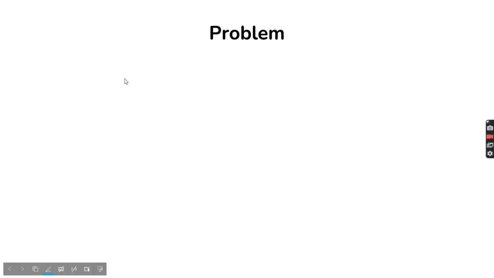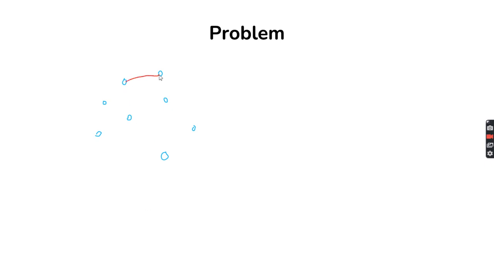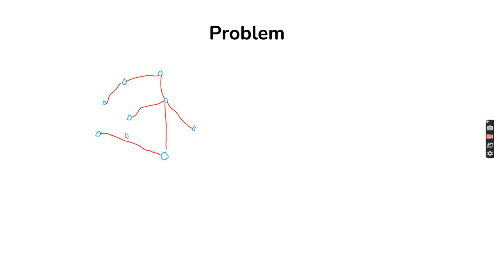So let's take a problem. Let's say we have a graph with data points, and this is our sample example, and these are connected with edges, where these are undirected edges, as we can see. Now this node, at the right, is the isolated one.